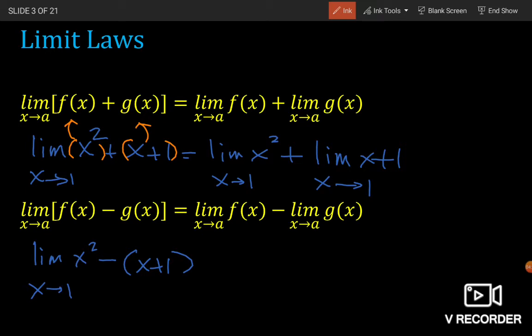We can again treat x squared as f of x, and then g of x is equal to x plus 1. So we can rewrite this as the limit of x squared as x approaches 1 minus the limit of x plus 1 as x approaches 1.